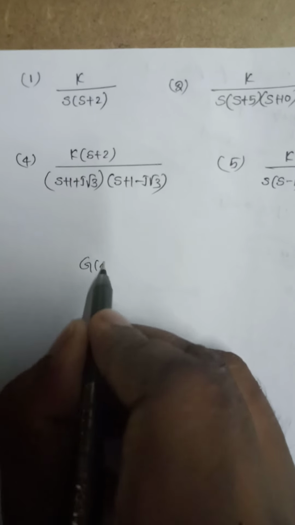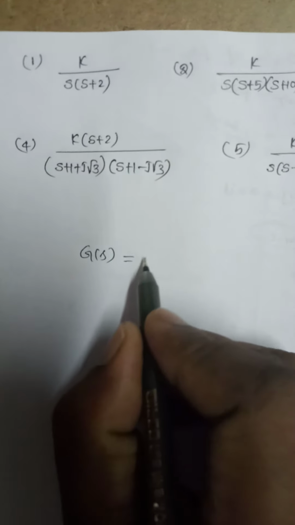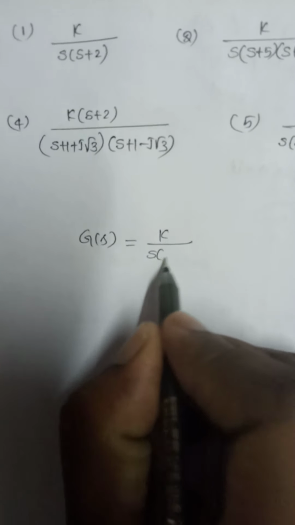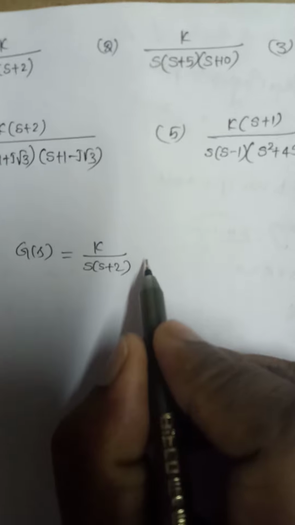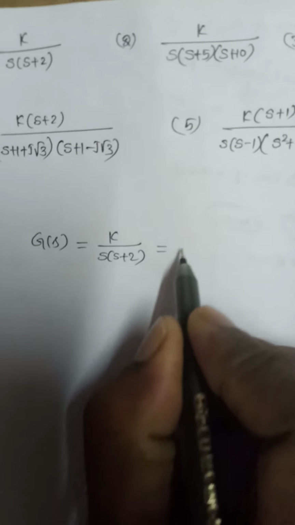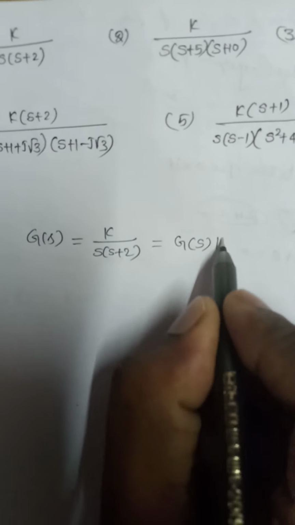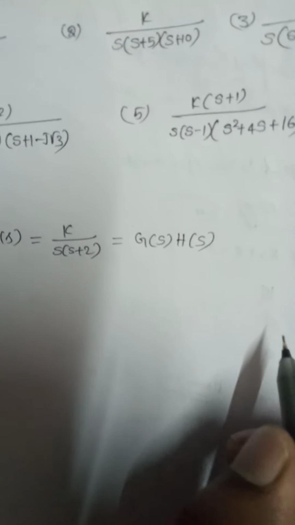These are the examples here. These are the open loop transfer function G(s) or G(s)H(s). This open loop transfer function may be either G(s) = K divided by s(s+2), or normally the open loop transfer functions are represented as G(s)H(s).